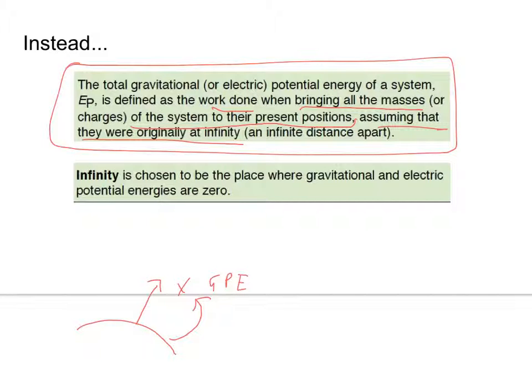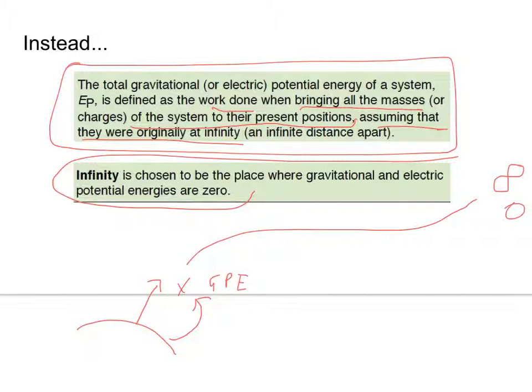Now, if you were to take that object X to infinity, it would end up having zero energy. Why? Because infinity is chosen to be the place where gravitational and electric potential energies are equal to zero.